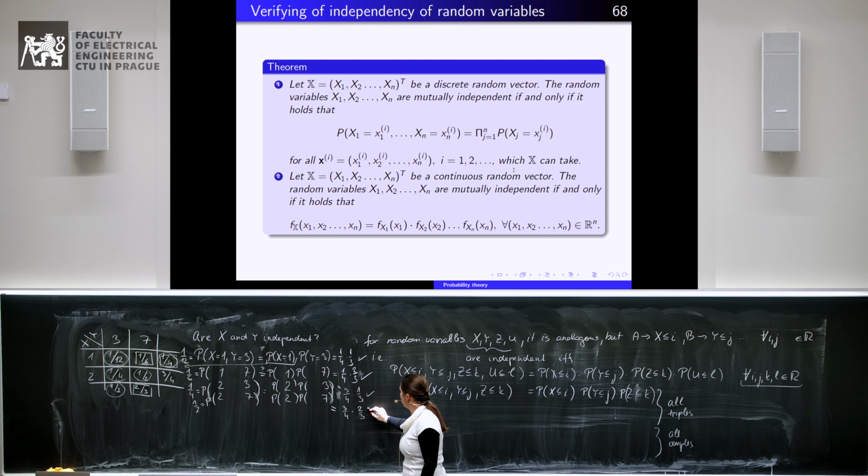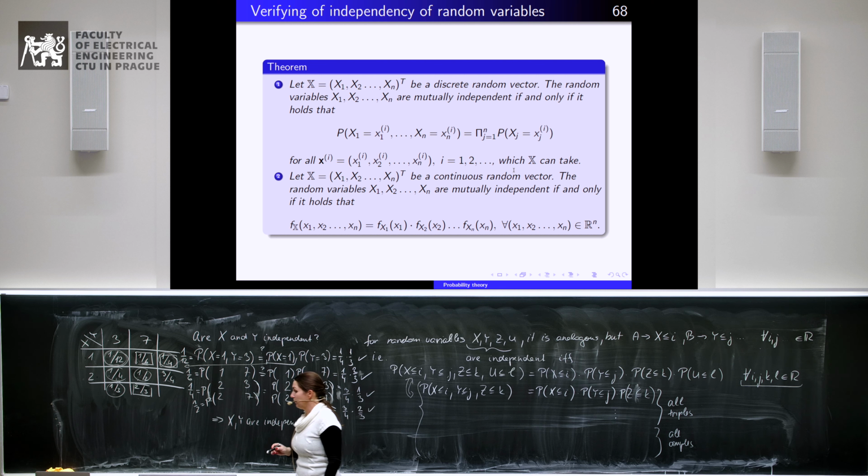So, since we verified for all combinations of x and y that the joint probabilities are equal to the product of marginal probabilities, we can conclude that x and y are independent.